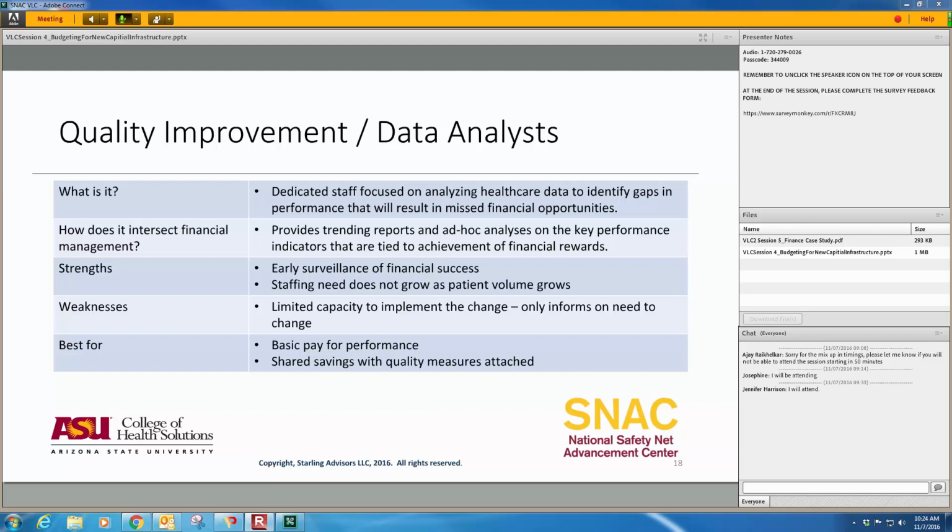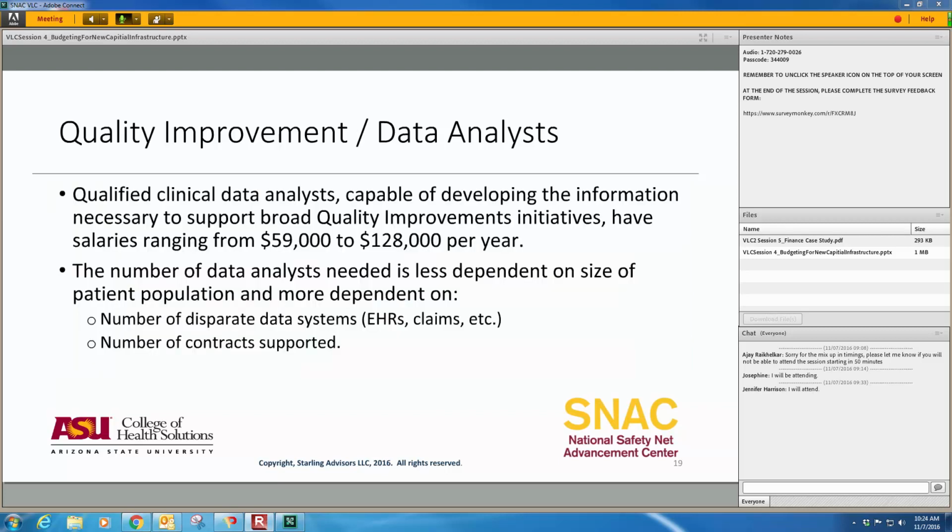And this, in theory, for pay-for-performance models that are tied to outcomes and outcomes alone, will give us some early surveillance of whether we're going to be financially successful, where the gaps are, and where we need to put additional resources if we wish to hit our pay-for-performance goals. So it's really important, probably the most important intervention in the basic pay-for-performance models, as well as in shared savings models that have quality measures associated with them.